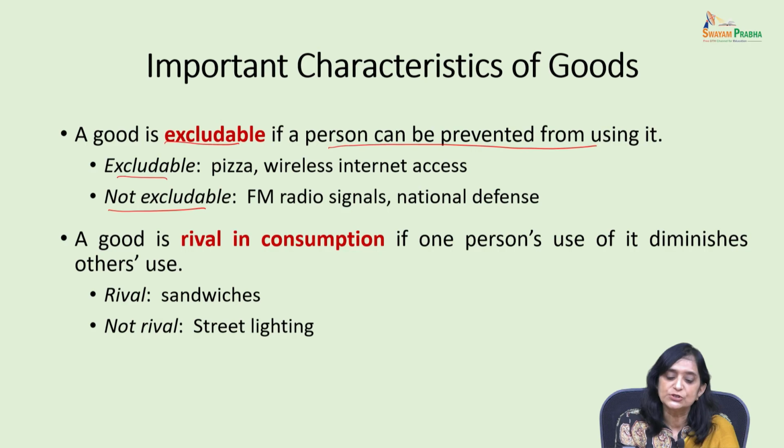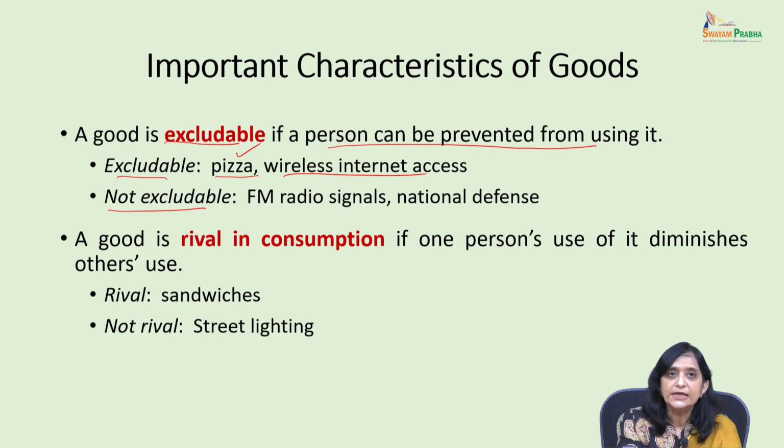Some examples of excludable goods are, for example, a pizza. If somebody is willing to pay for the consumption of a pizza, we may offer it to him. But if someone is not willing to pay or does not have the ability to pay for that pizza, we will exclude him from consuming it, or the pizza is not offered to him. Similarly, wireless internet access, the Wi-Fi that we have.